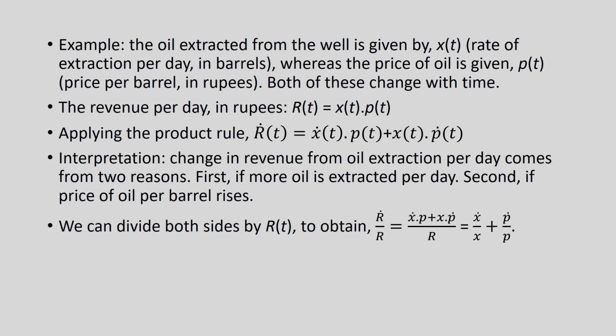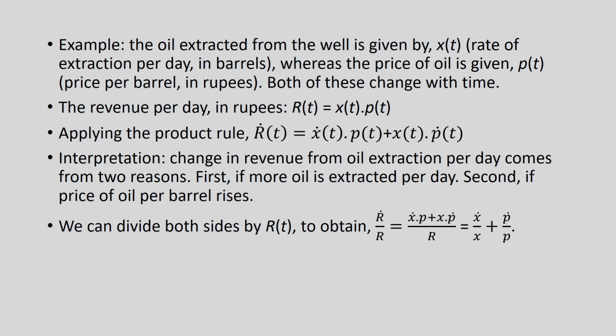Oil is extracted from a well, and suppose it is given by x(t). x(t) is the rate of extraction per day in barrels. So, x(t) amount of oil is being extracted, whereas the price of oil is given by P(t), which is price per barrel in rupees.